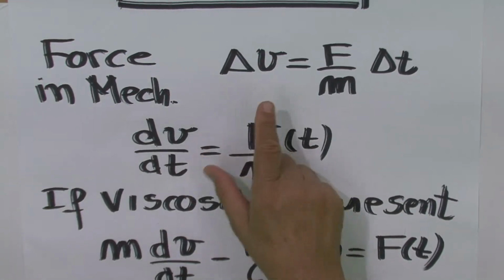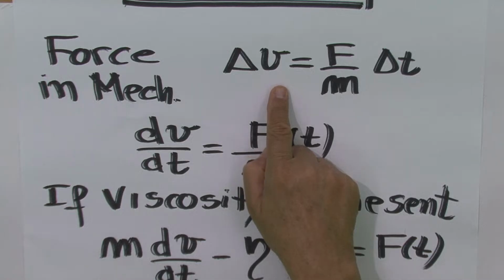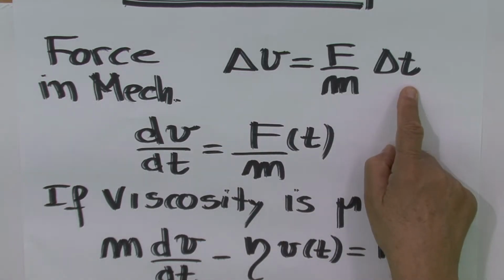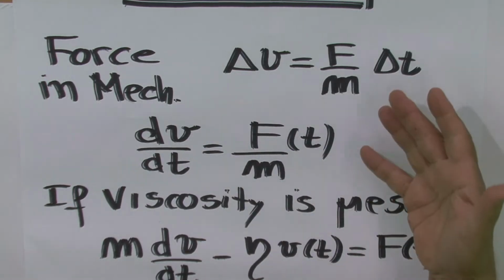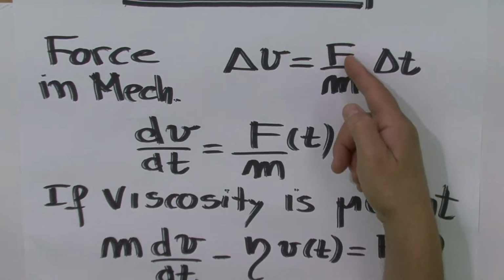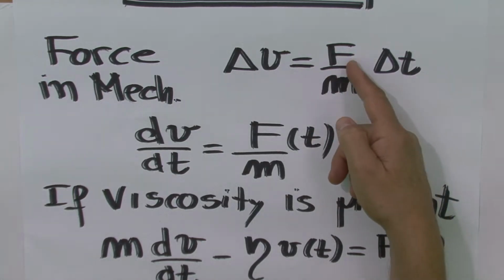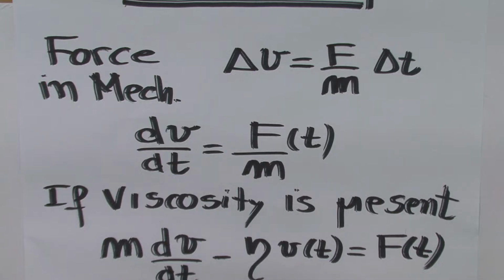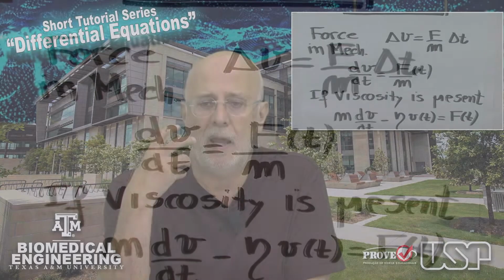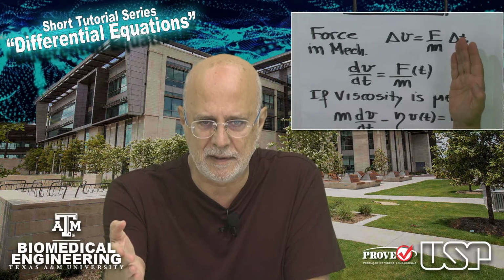So normally the variation of velocity has to be proportional to the time that I act, but also proportional to the mechanical force, to my efforts in that system.